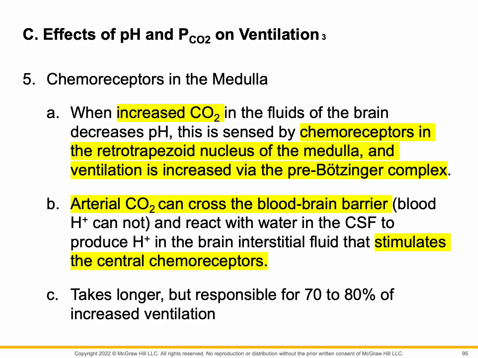Note that blood hydrogen ions cannot, and it reacts with water in the CSF, the cerebrospinal fluid, in order to produce hydrogen ions in the brain interstitial fluid that stimulates the central chemoreceptors. This takes longer, but it's responsible for 70 to 80% of the increased ventilation.